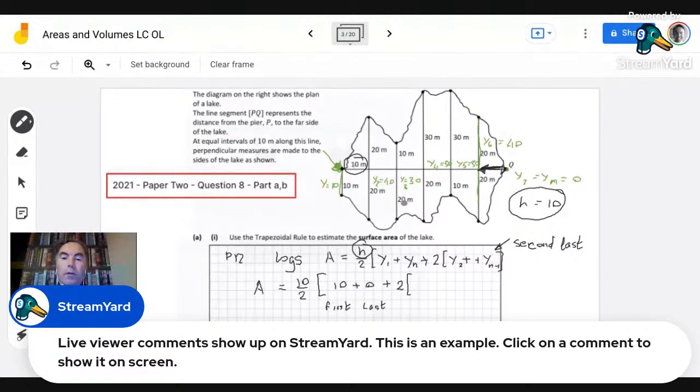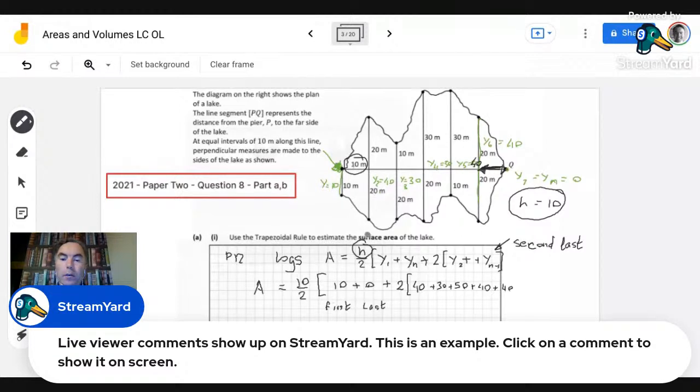We have a 40 plus a 30 plus a 50. So we're up to 120 already, plus 40 up to 160, plus 40, and that's it because we don't have the last one.